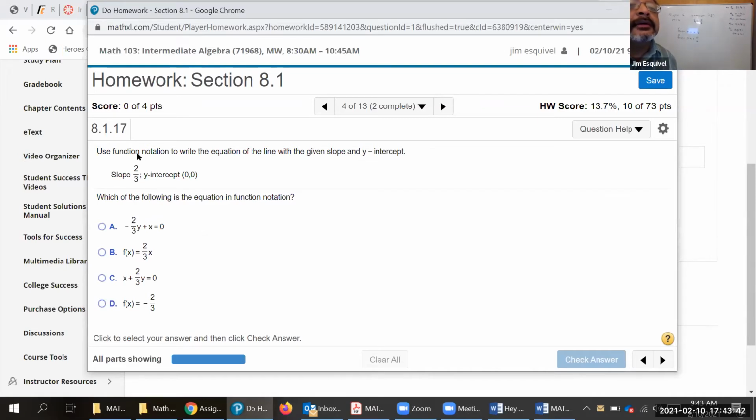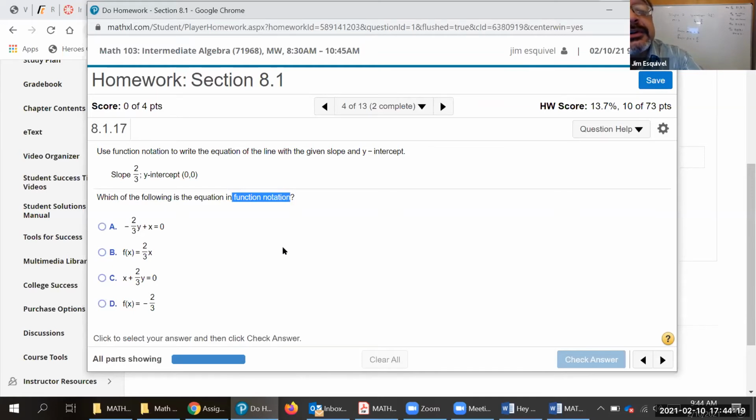And then function notation on number 4, equation of the line with a given slope and again, y-intercept. The y-intercept is 0, 0. So this means m is 2/3 and b is 0. Well, first of all, it's multiple choice. When you have multiple choice, try process of elimination. They want function notation.